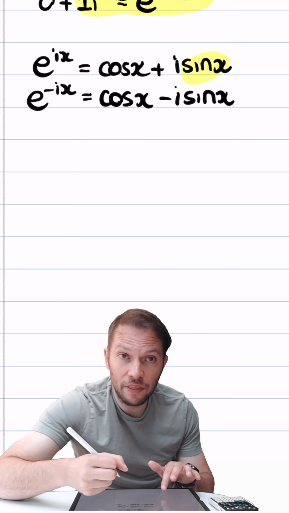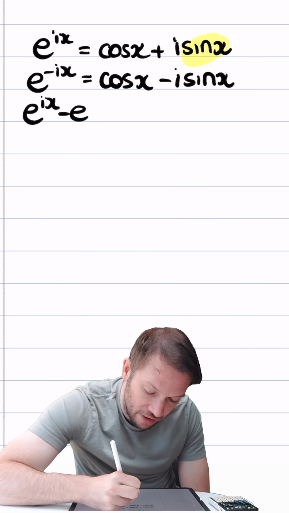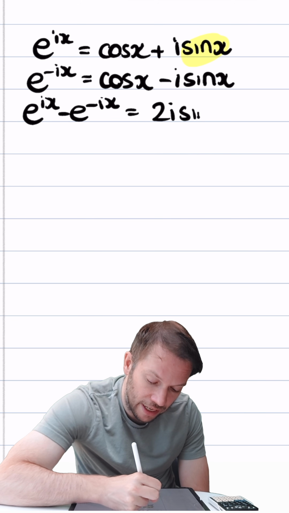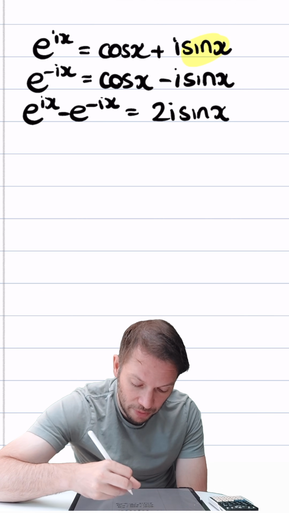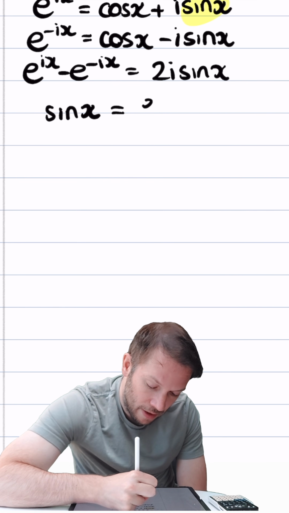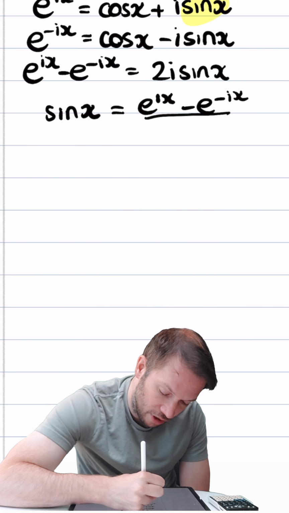And then if you were to subtract the two equations, we get e to the ix minus e to the minus ix is equal to 2i sine x. And then if you divide both sides of the equation by 2i, you get sine of x is equal to e to the ix minus e to the minus ix over 2i.